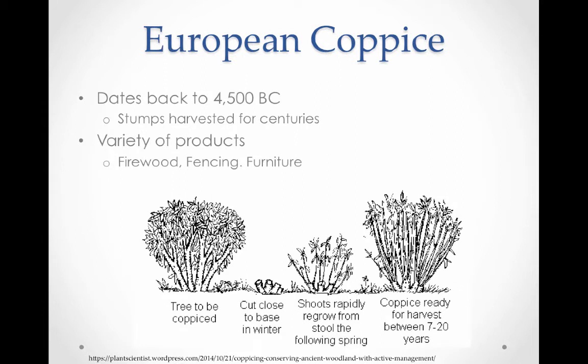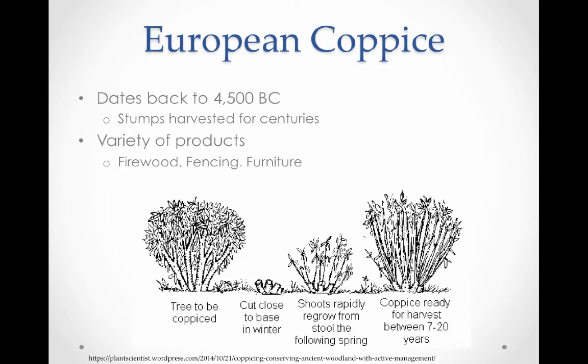I mentioned in class that coppice dates back to 4500 BC, and there are some stumps that have been harvested for centuries. This coppice harvest has been used for a variety of products, including firewood, fencing, and furniture.